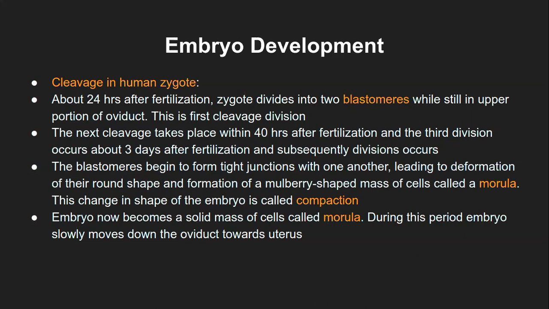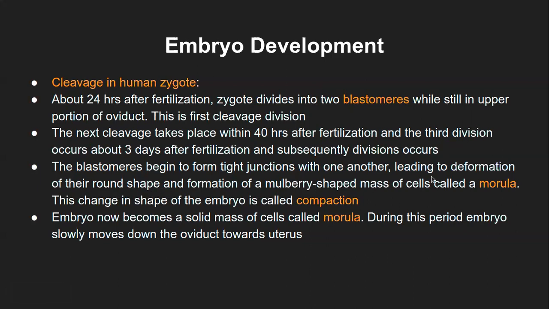The proteins are attached, so ultimately the cells are attached to each other through this tight junction, and that is why they are named tight junctions. There are different types of junctions otherwise, but tight junction specifically refers to cells attaching to each other very tightly. So the blastomeres will begin to form tight junctions with one another, leading to deformation of the round shape.